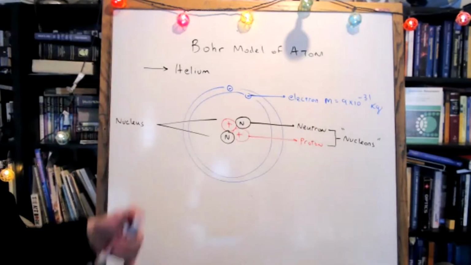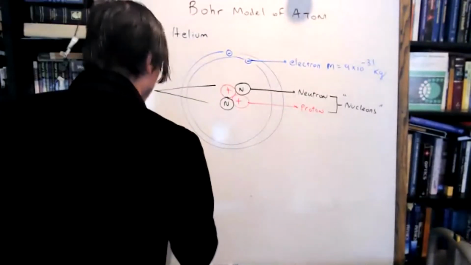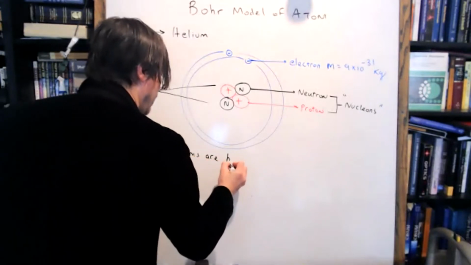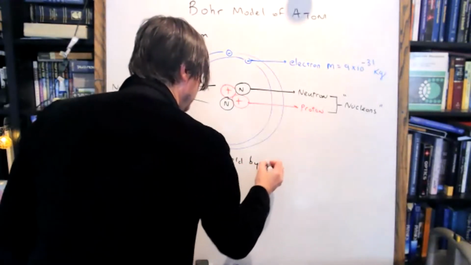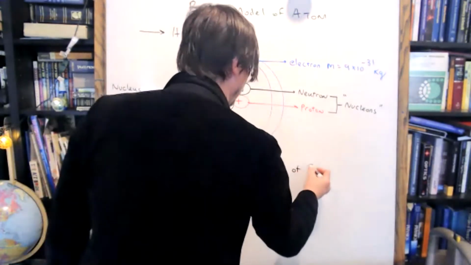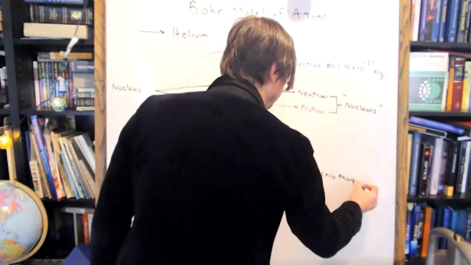Let's talk about electromagnetism for a second, and that will help us clear up our discussions. So we can say that atoms are held together by a fundamental force, the force of electromagnetism.